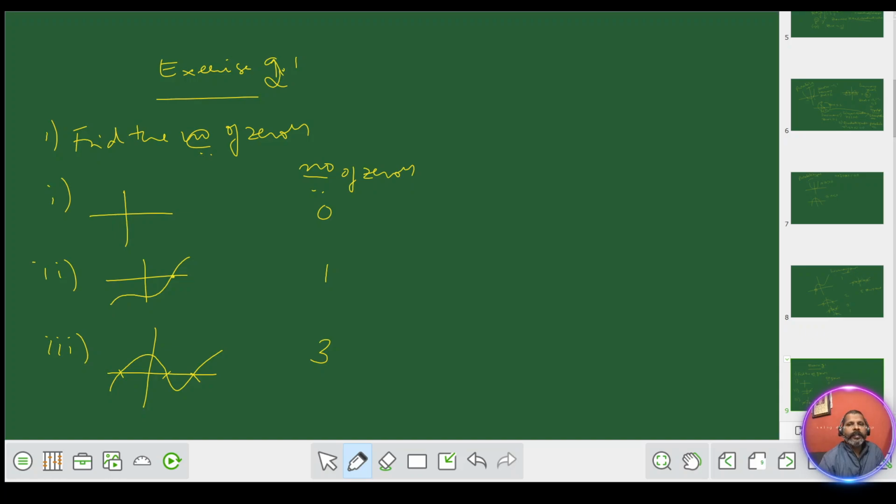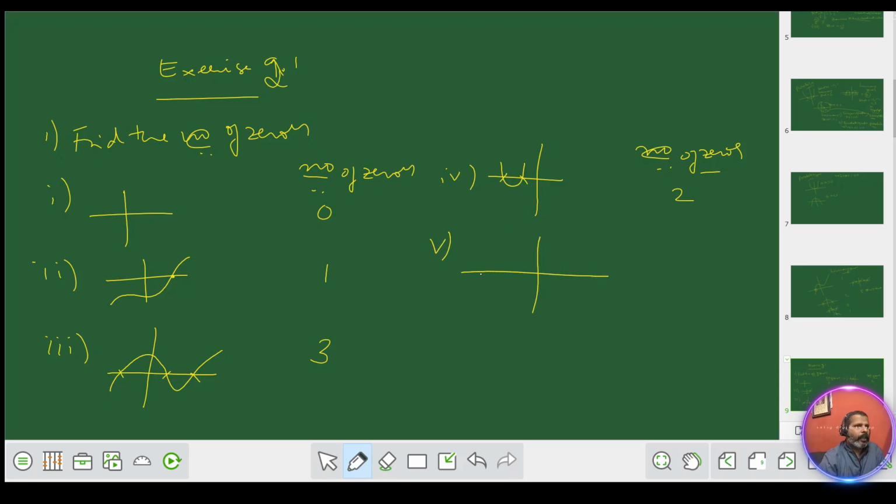The number of zeros is 3. We'll move on. The fourth one looks like this. The number of zeros here is 2, because of the 2 intersects. They have not asked for the value of the zeros here, they asked only the number of zeros.